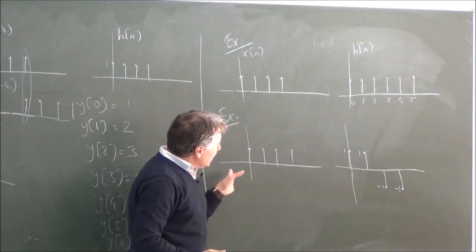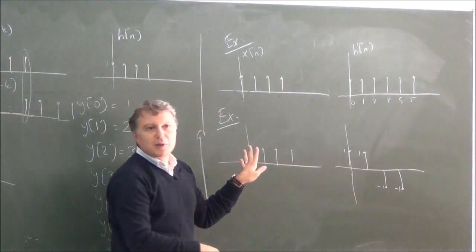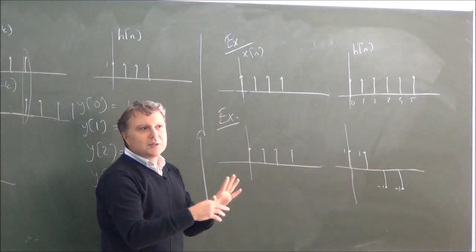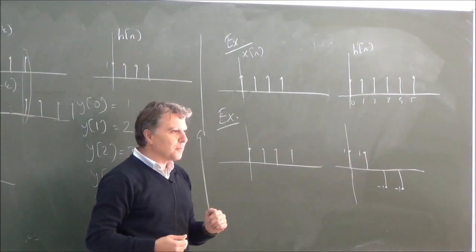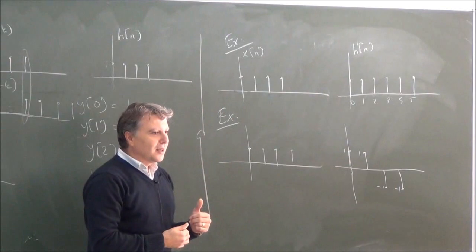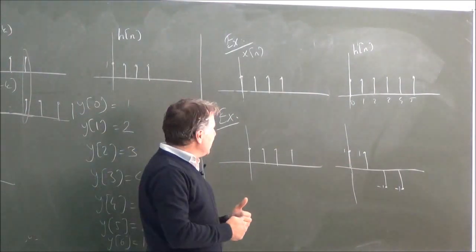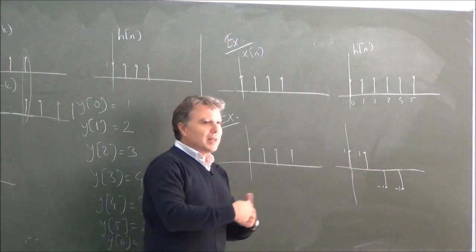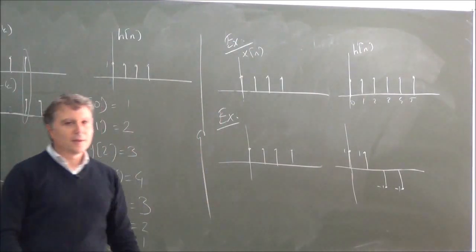And if you slide even further, these two and these two will be positives and negatives multiplying. So the net result will be 1 plus 1 minus 1 minus 1, which is 0. If you slide further, it will be a negative 1. And if you slide further, it will be a negative 2. If you slide further, it will be again a negative 1 and then a 0.